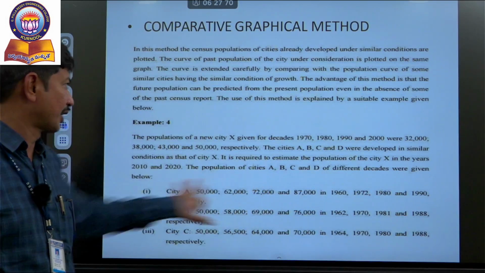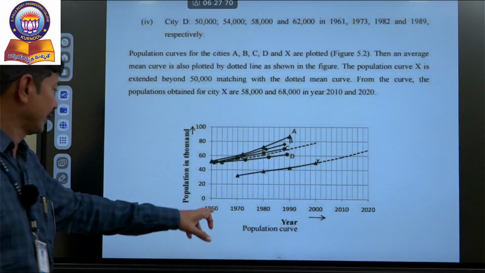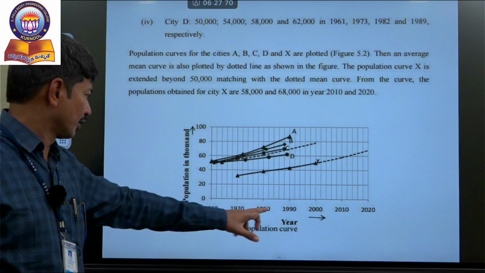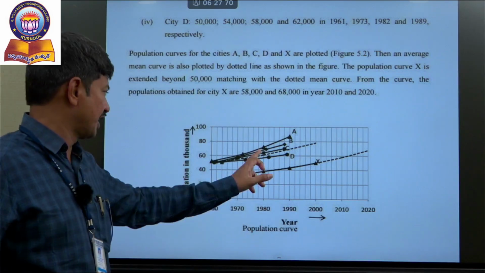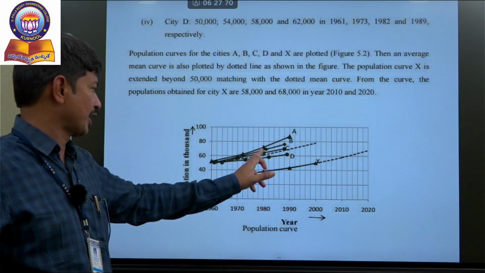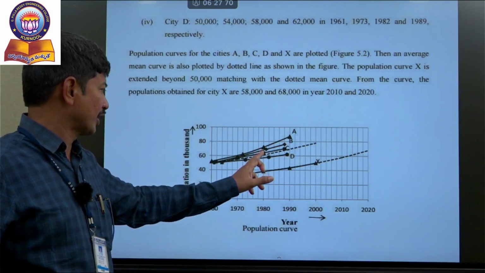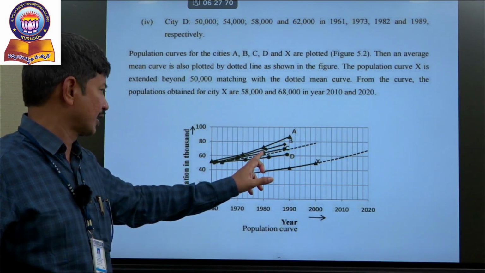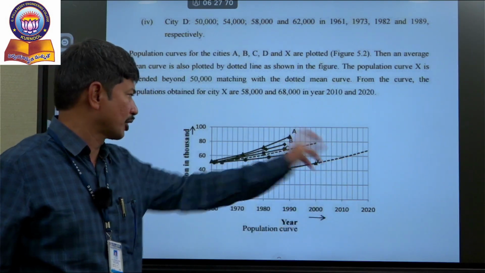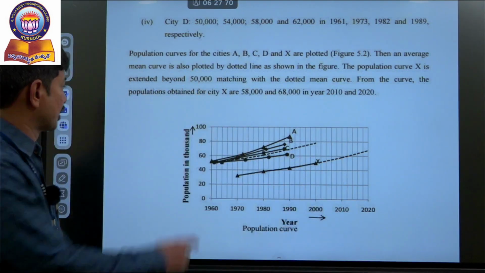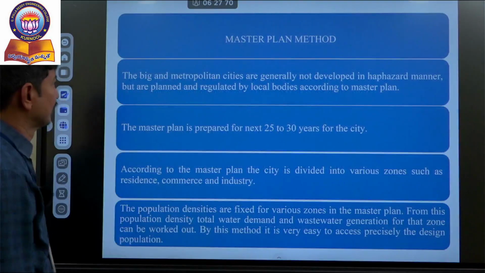Based on this data, we can see our city's population reached, for example, 6 lakhs in 1980. We check the similar character of the cities. Then we can easily calculate the 2010 and 2021 population from this graphical comparison method.